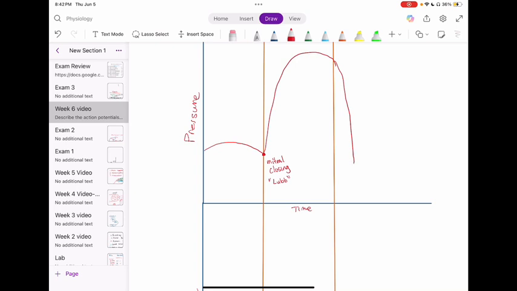We're about at the same place until the mitral valve opens. So it begins again.